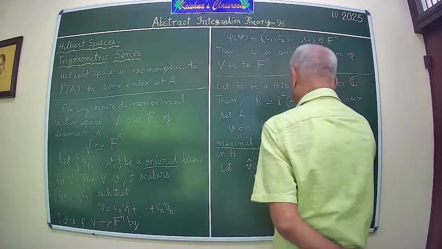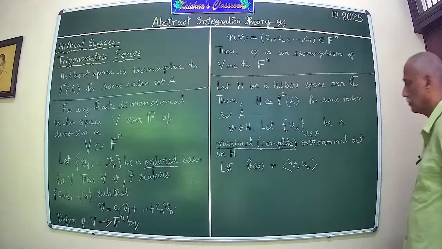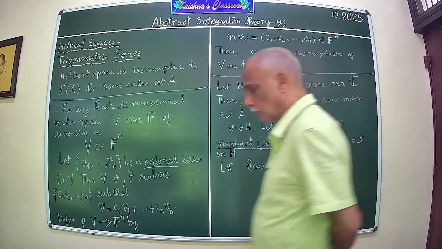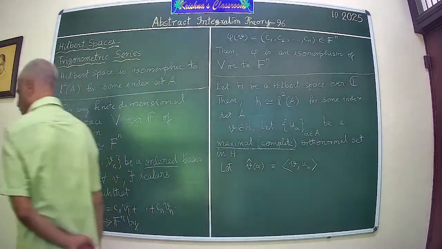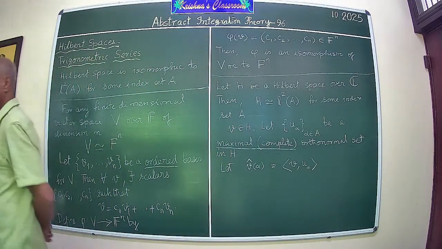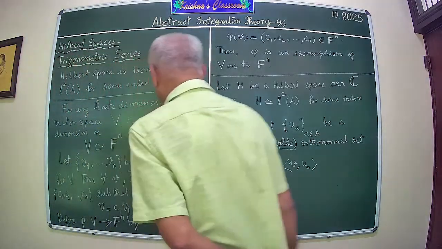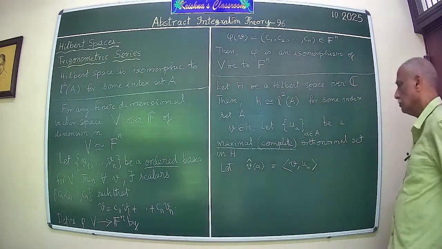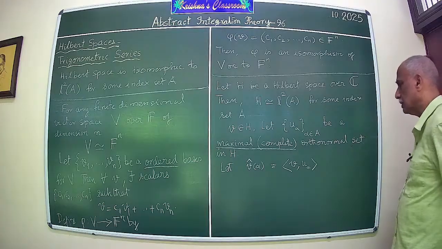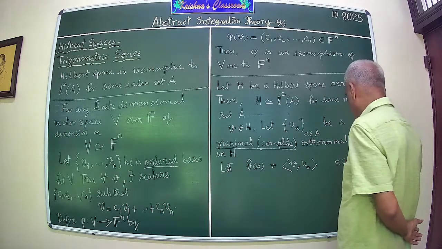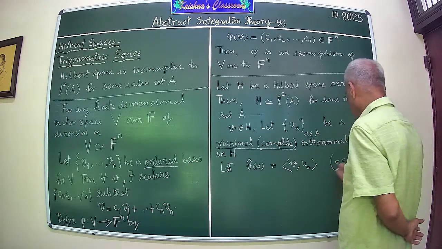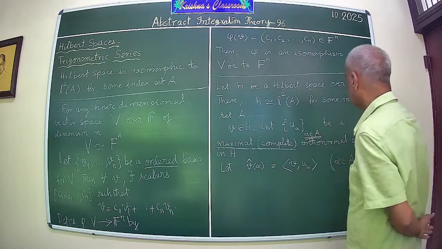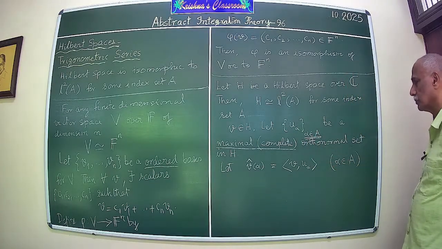And this is a complex number or a real number, depending on whether it's a complex Hilbert space or a real Hilbert space. So this is for every alpha belonging to the index set A. Index set A comes from here.